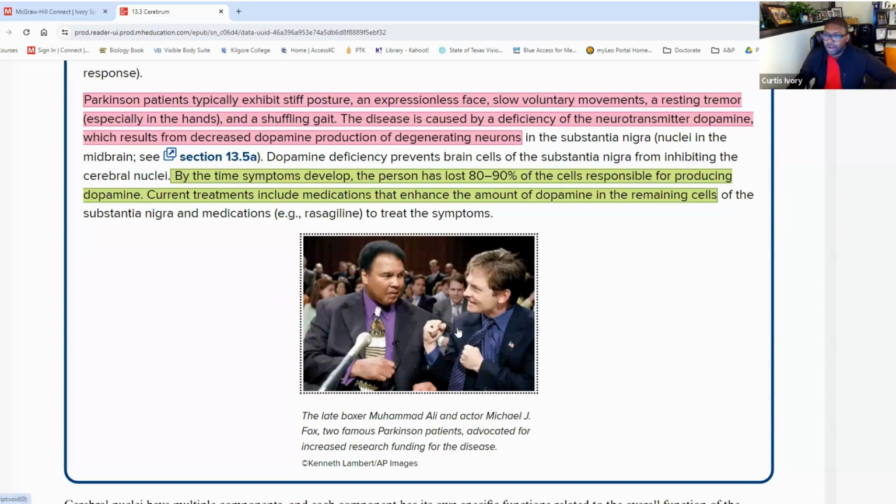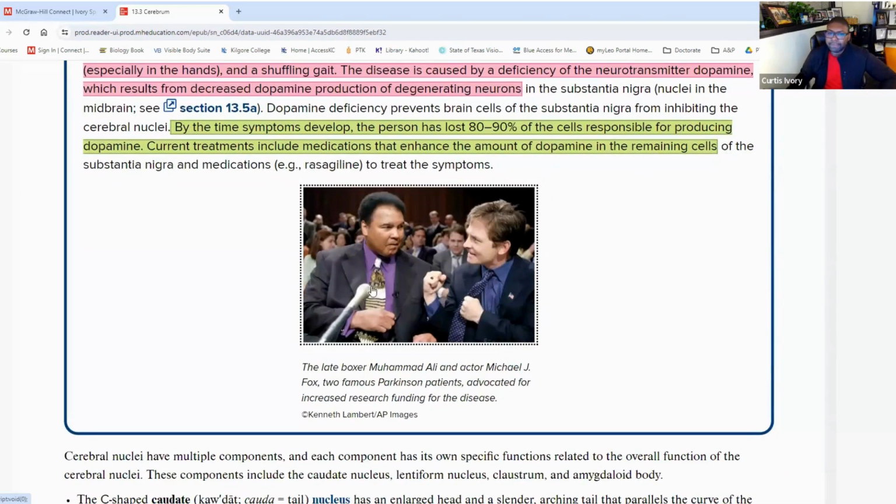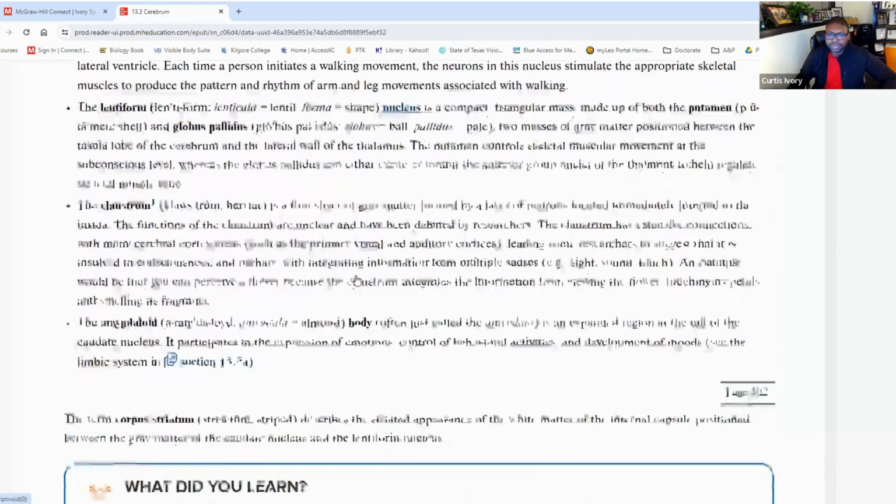And Michael J. Fox was a famous actor, if you ever watched the movie Back to the Future from 1985. He was a really big actor at that time too, but his wasn't really from trauma, his was essentially hereditary, versus Muhammad Ali's.